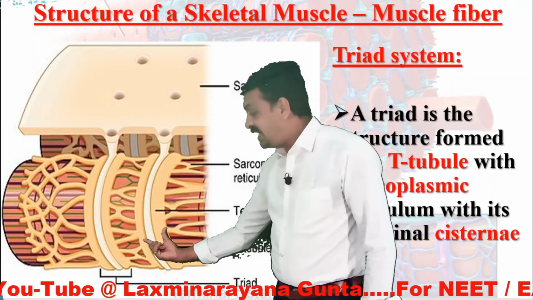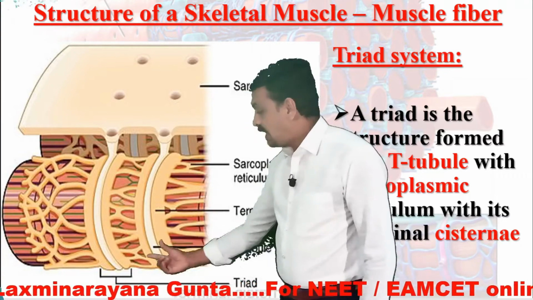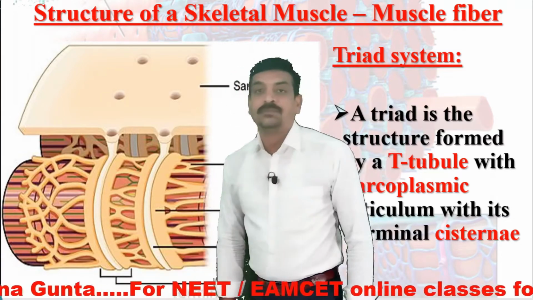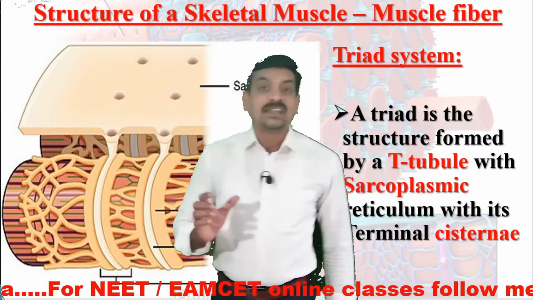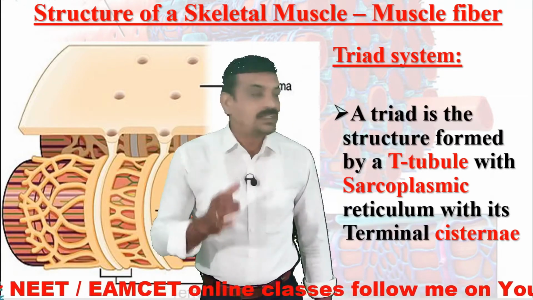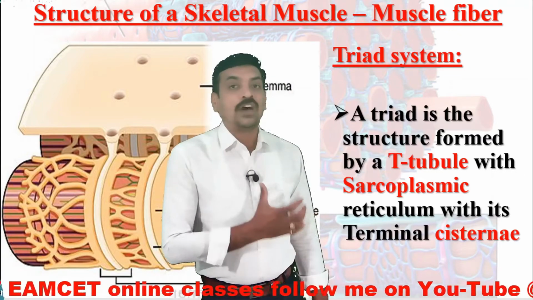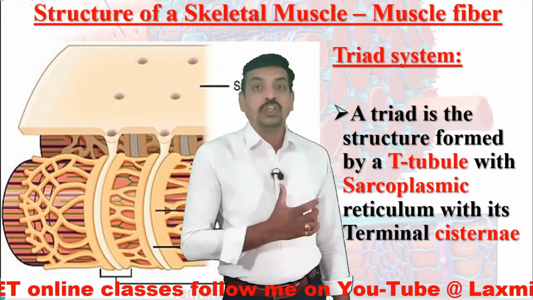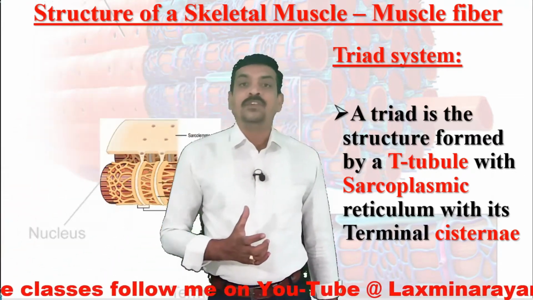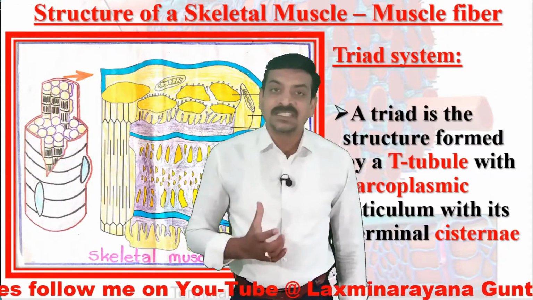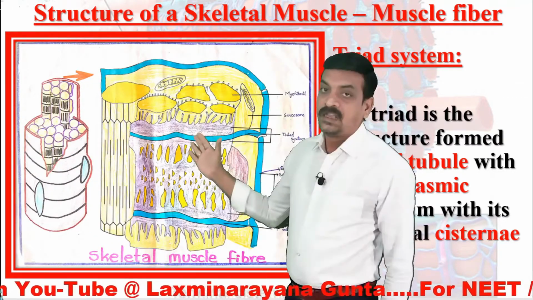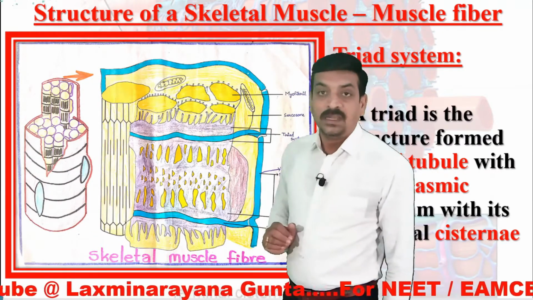The cisternae, the T tubule and the sarcoplasmic reticulum together are called the triad system. A triad is the structure formed by a T tubule with sarcoplasmic reticulum with its terminal cisternae. All together they form a triad.